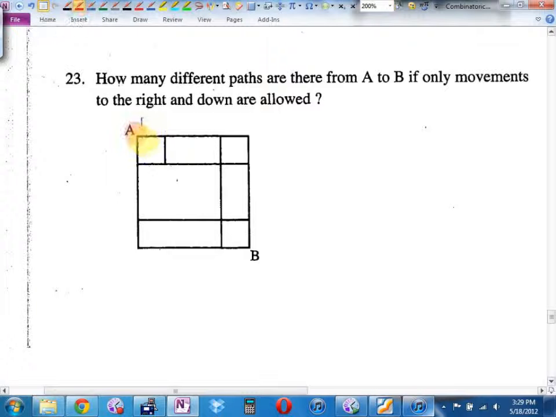What goes here? What goes here? I can't fill this one in yet because that's blank, so let's fill this one in next.